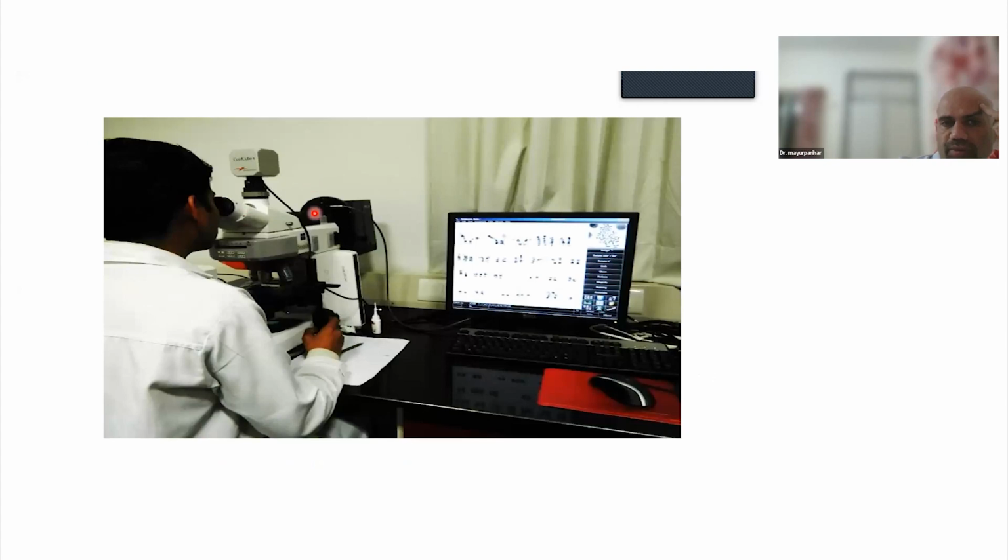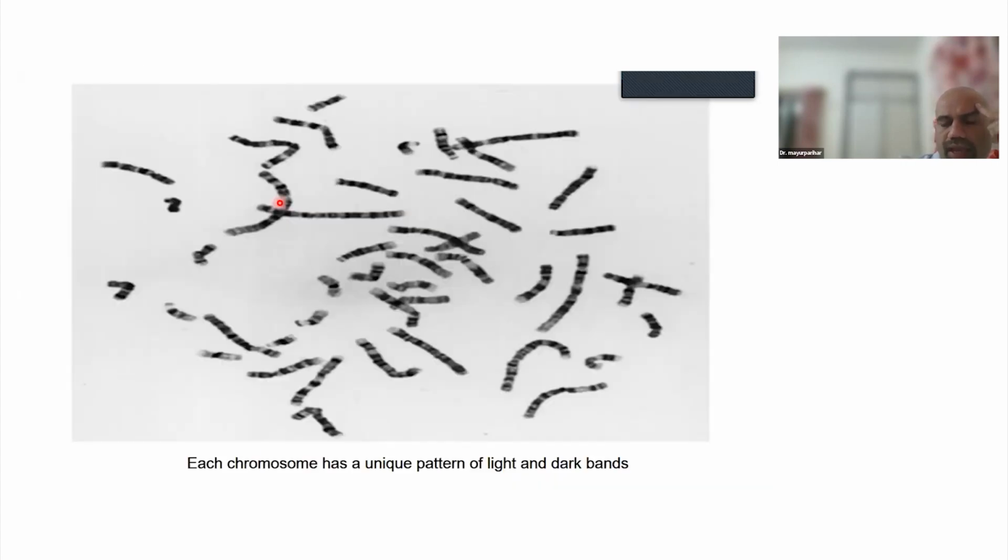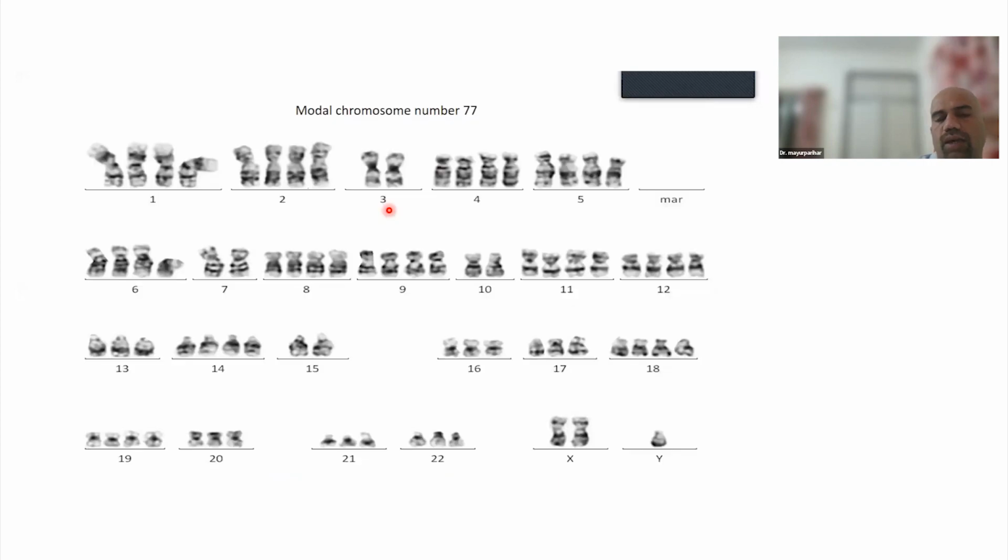So you can see here we have a microscope, we have made a slide, there's a camera attached to capture the metaphases, and then this is how the metaphases look. These are the interphase cells. And then we use a software to analyze, and each chromosome has its own pattern of light and dark bands. And these chromosomes are arranged based on their banding patterns. Once they are arranged, so it's like morphology, then you look for changes.